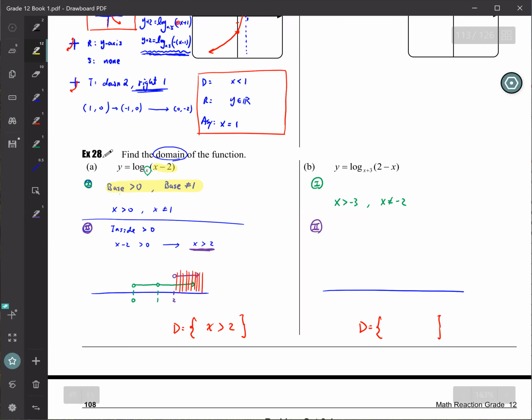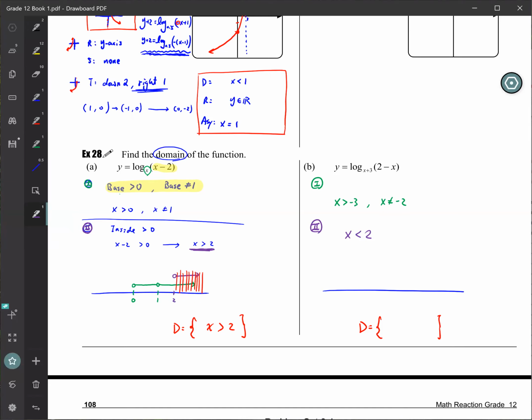Now let's look at the inside. Okay, Tiana, do you have the inside? X is less than 2. Okay, very good. X less than 2. All right, so now please draw the 2 lines. Okay, 2 lines and then find the overlap. The green is 1 line, okay?